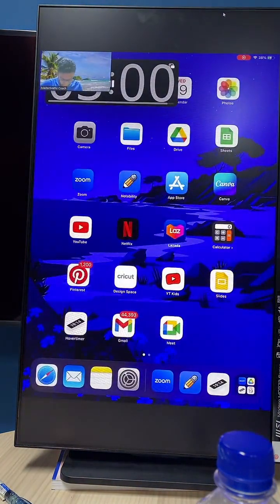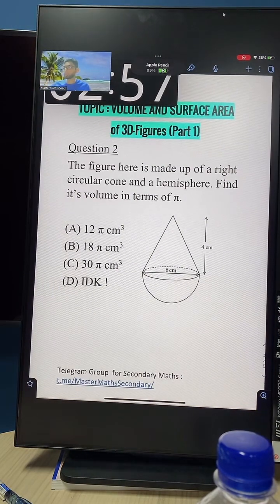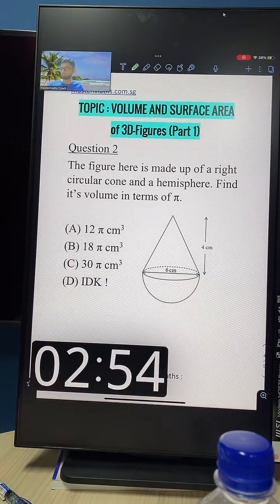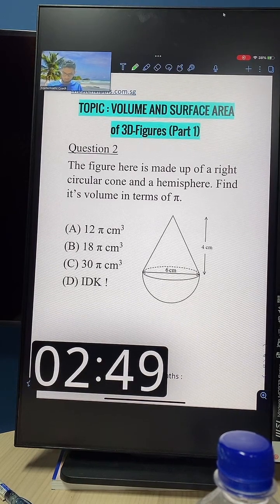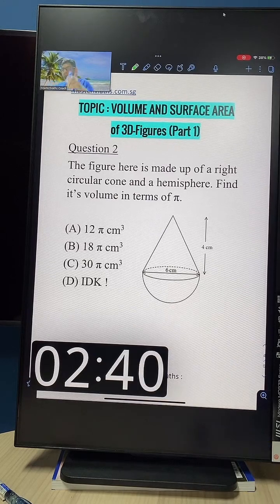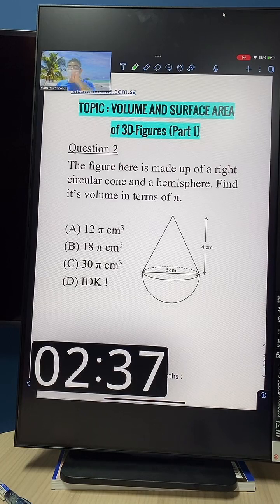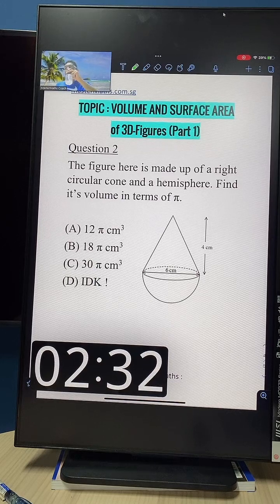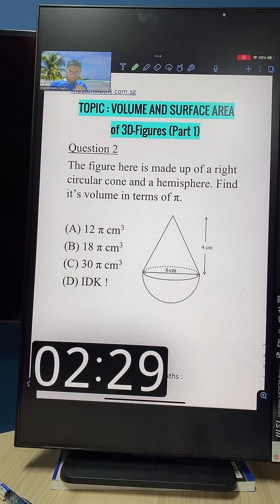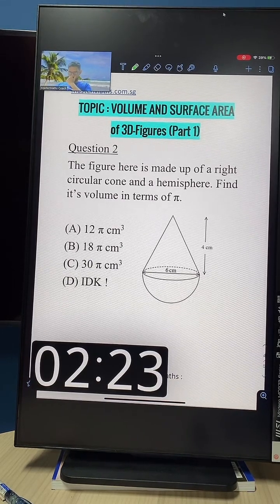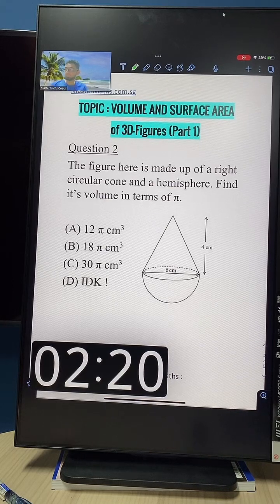Let's go. Guys, what's your answer for this?